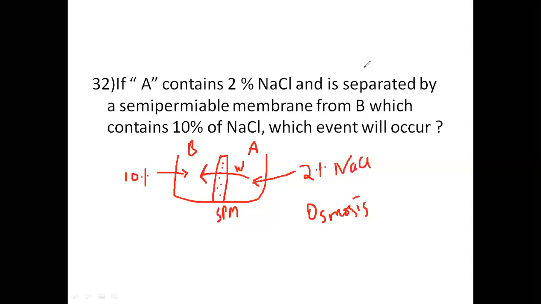So we'll see what are the options given out there. 26.93, 29.93, 28.93, 27.93. So near option B, 29.93, you have to choose.